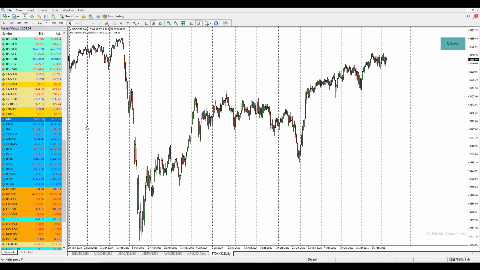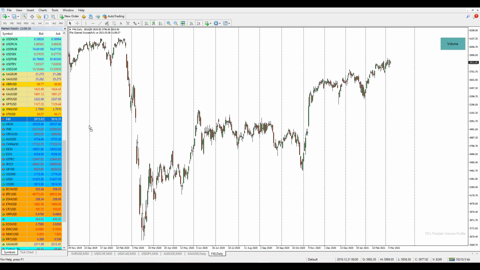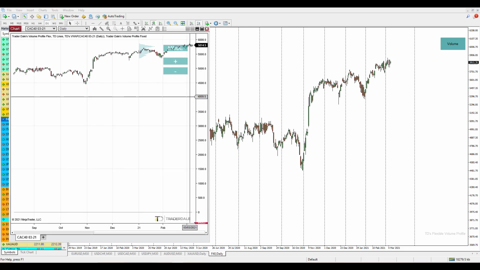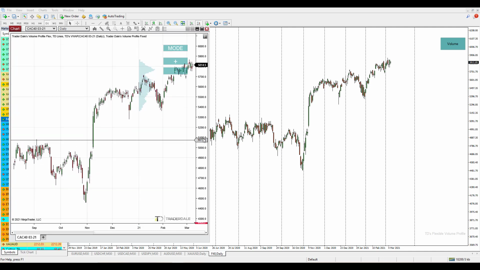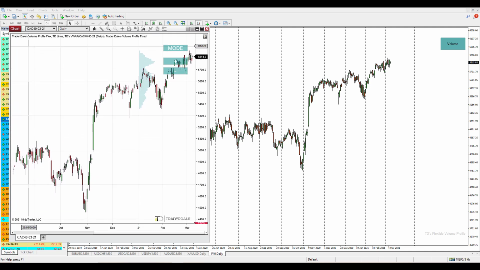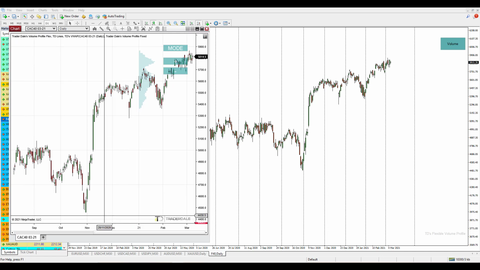So let me show you. Let me go, for example, to the first one. That's the French index. The CFD is called F40, like French index and 40 stocks, because this index is based on the 40 biggest French stocks. And let me now go into NinjaTrader and show you the futures, just for comparison. So this is the futures. The ticker is CAC40.